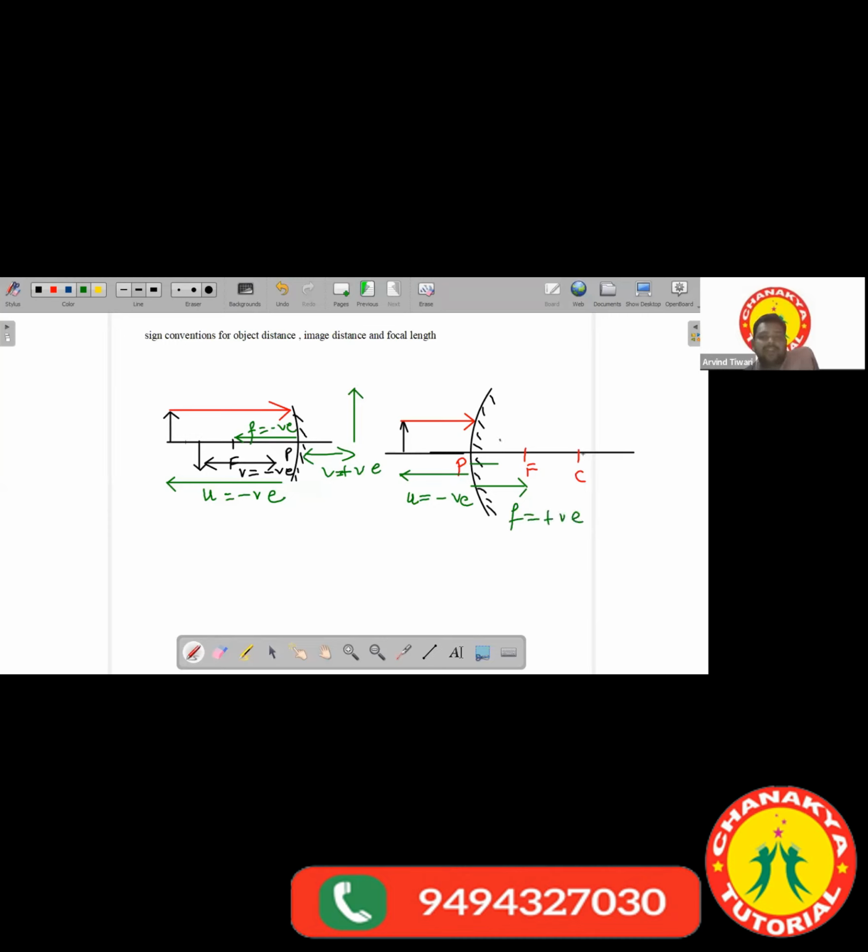What about the image distance? Positive. So now you have understood? It's the same thing; it's the way you draw the diagram. Even if you draw it like this, the values hold the same sign conventions. It's not our left and right; the left and right is chosen on the basis of the direction of incident light.